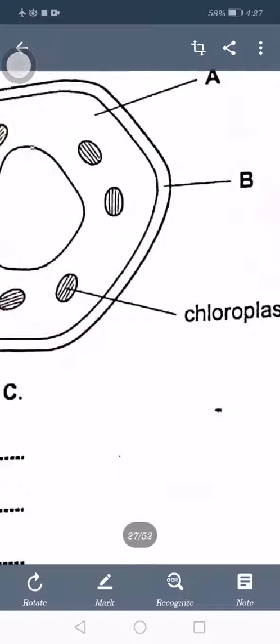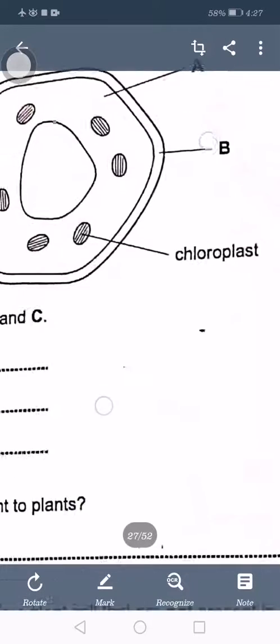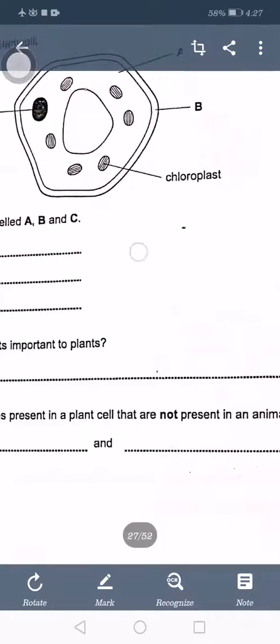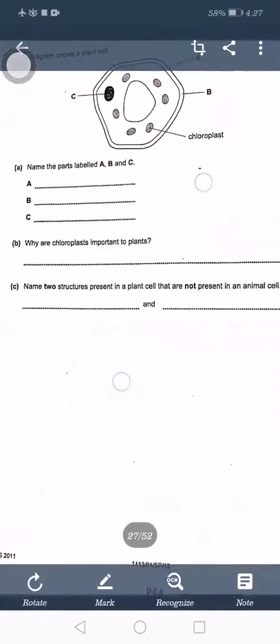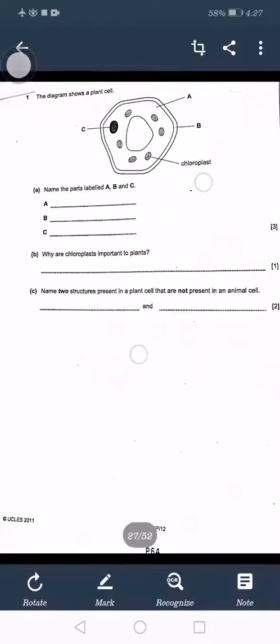Between outer layer inner layer, في النص ما بين الفيرست والسكند. طب هكتب مين فيهم؟ هكتب outer layer اللي هي ايه في البلانت cell wall. لو وصل للسكند layer هكتبها cell membrane. انما هو في النص ما بين التو layers يبقى هكتب ايه أولادي؟ cell wall. يبقى أنا عندي A is for cytoplasm, B cell wall, C nucleus.